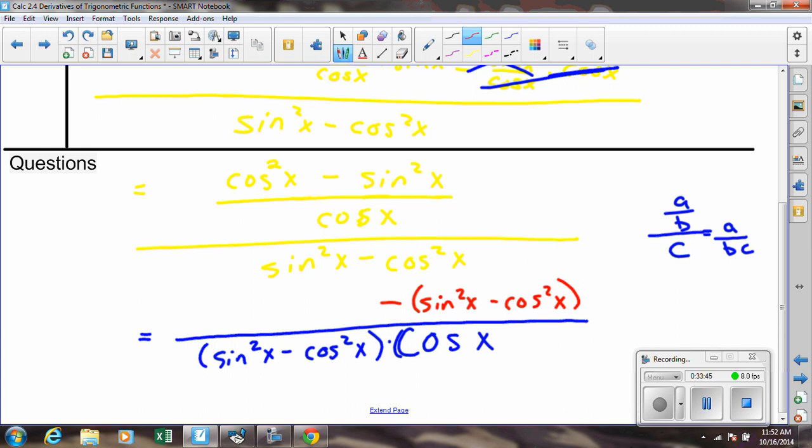Looking at it this way, we could then note we have pieces that cancel, finding our removable discontinuity, and so our whole piece then is negative 1 over cosine of x.